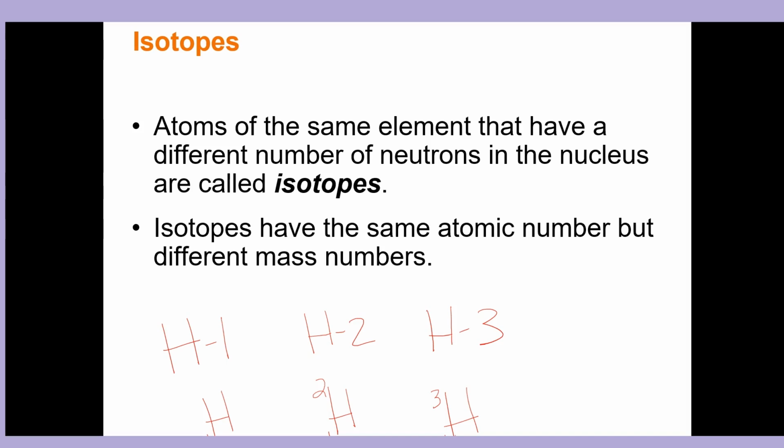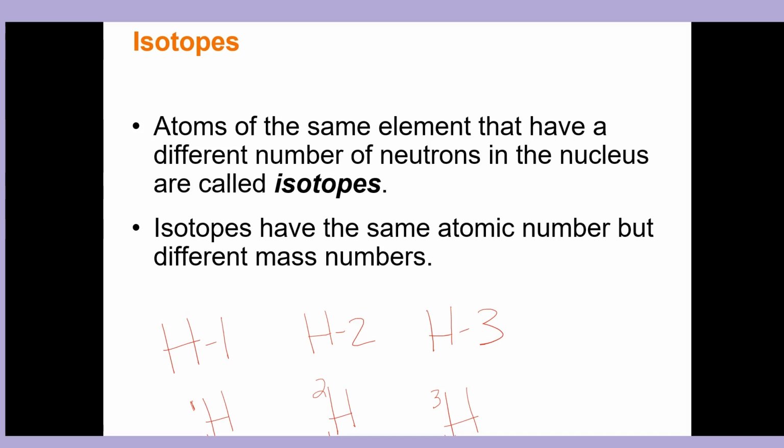Let me again explain that isotopes pretty much means that it is the same element, but it has a different mass number. And if the mass numbers are different, that means the neutrons are also going to be different. How do I get my neutrons? Well, remember, all you're going to do is subtract these two numbers. So 1 minus 1 gives me 0.